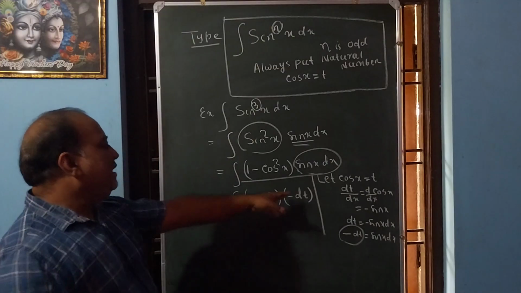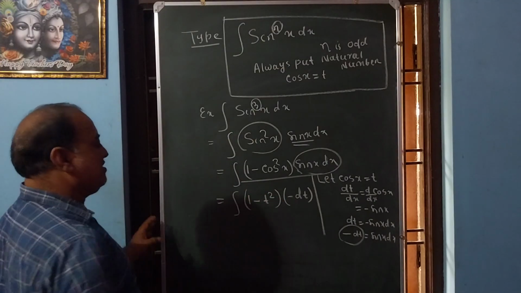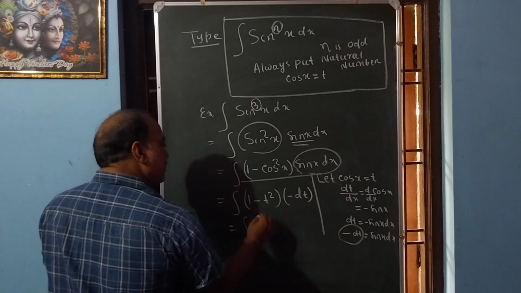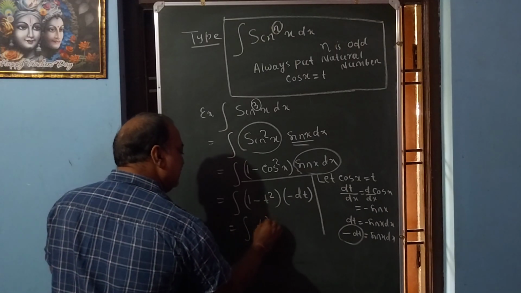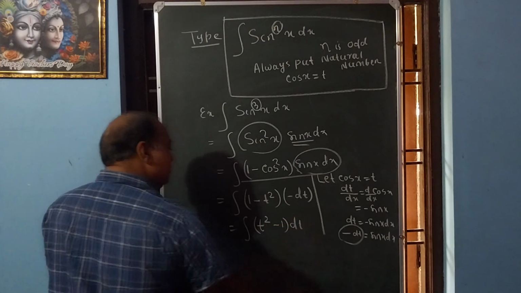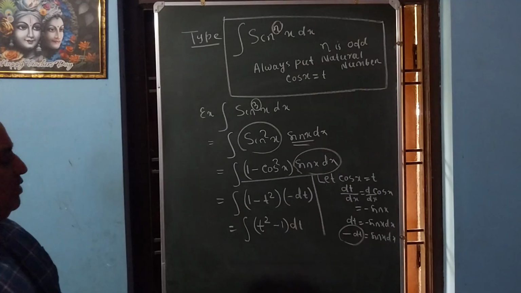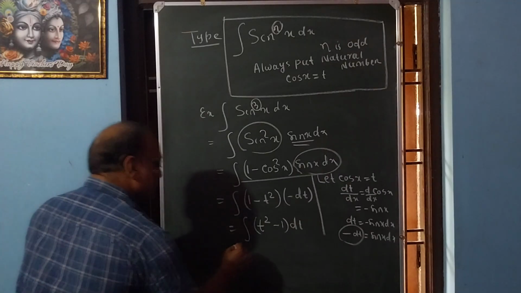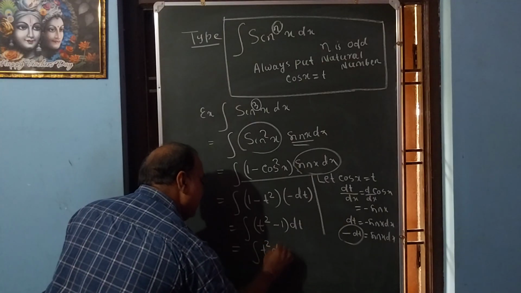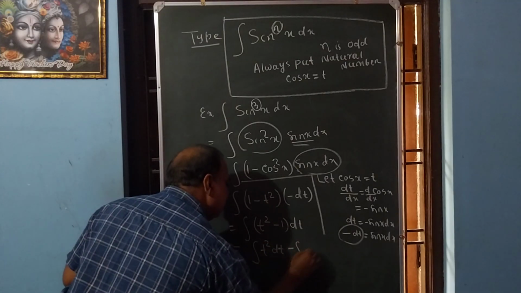So when minus is multiplied, we get integration of t^2 minus 1 dt. Integration of a difference is equal to the difference of their integrations. So we get integration of t^2 dt minus integration of dt.